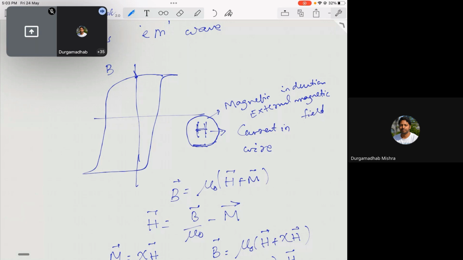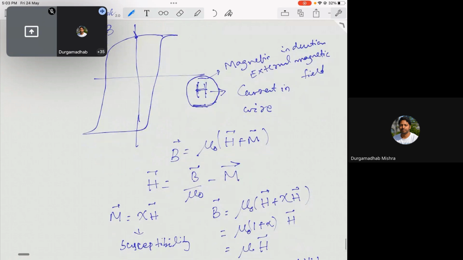So this external magnetic field produces a magnetic field B, which is different from this H value. And how is it different? It is different by a factor, this mu naught M.